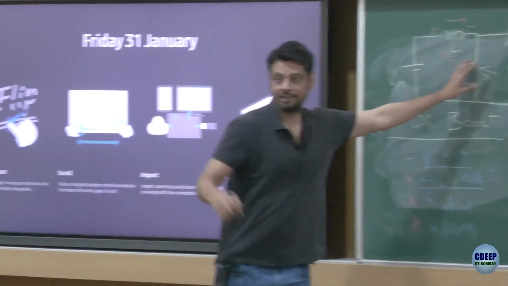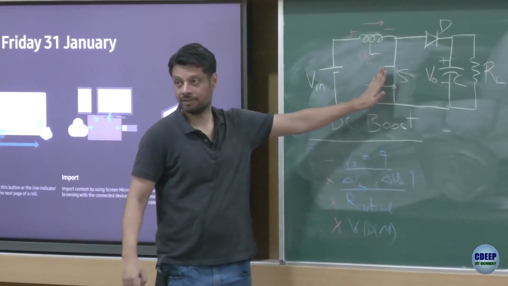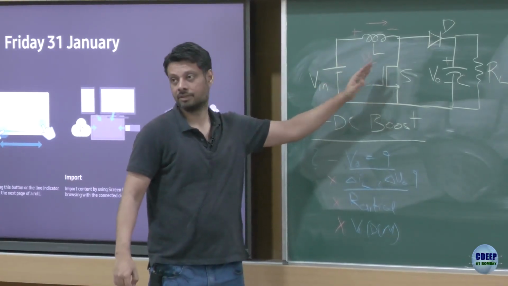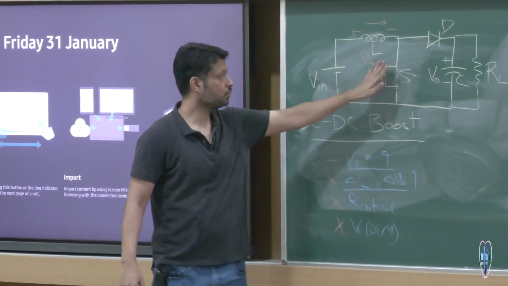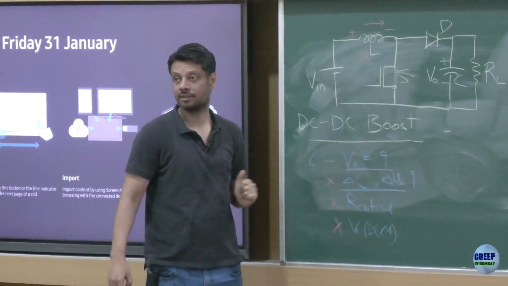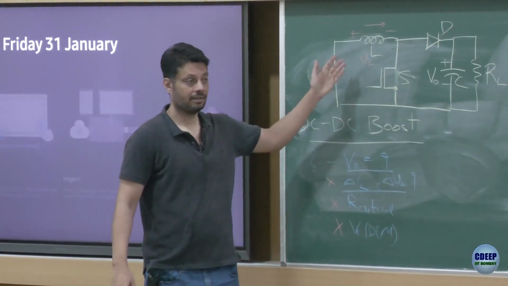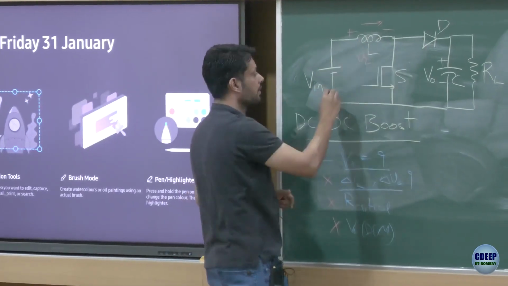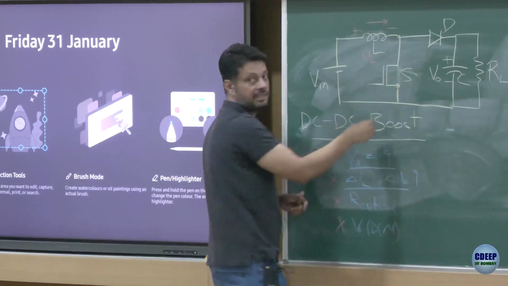When this switch is on, what is the voltage across the inductor? When this switch is on, the voltage across the inductor is V in, right? Because this is a short circuit, so you can write KVL in this loop. So 0 plus V in minus VL is equal to 0, right?